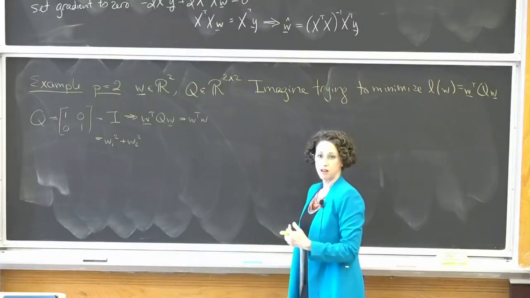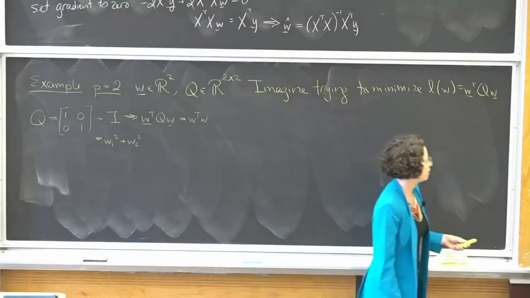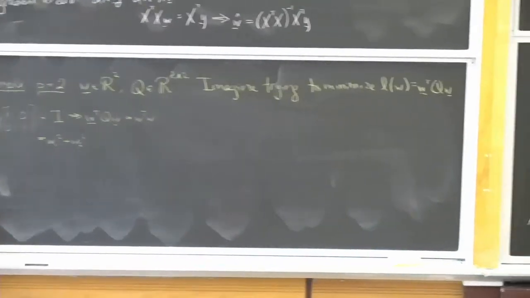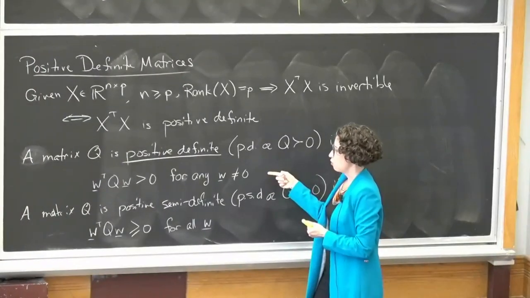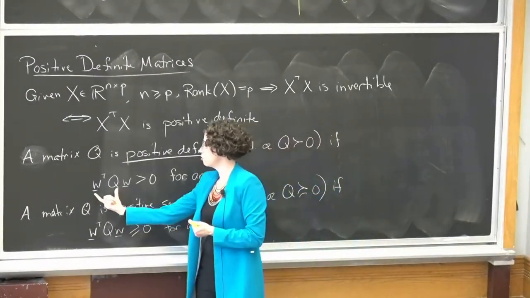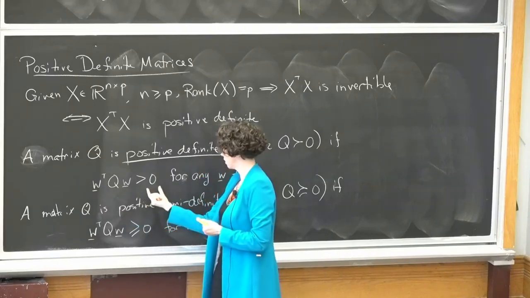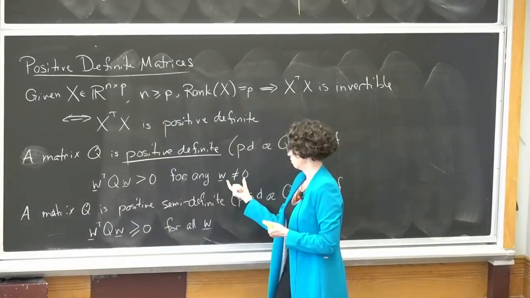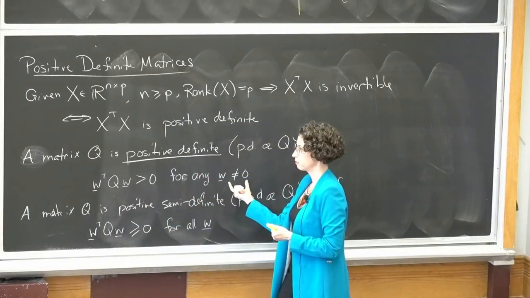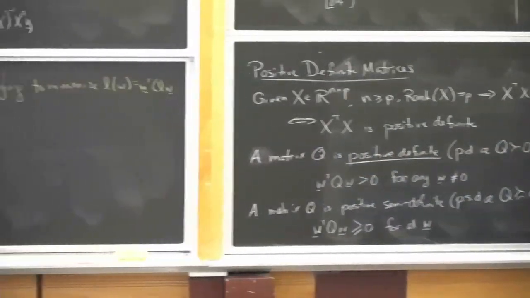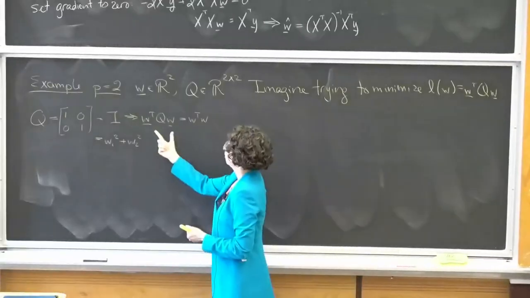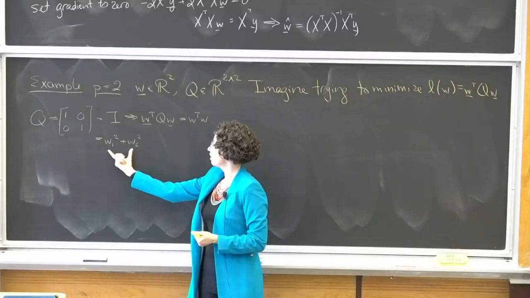So remember our definition of positive definiteness said that this matrix Q is positive definite whenever this product, W transpose QW, is positive for any W that's non-zero. So in our example here, for this particular Q, W transpose QW has this form.